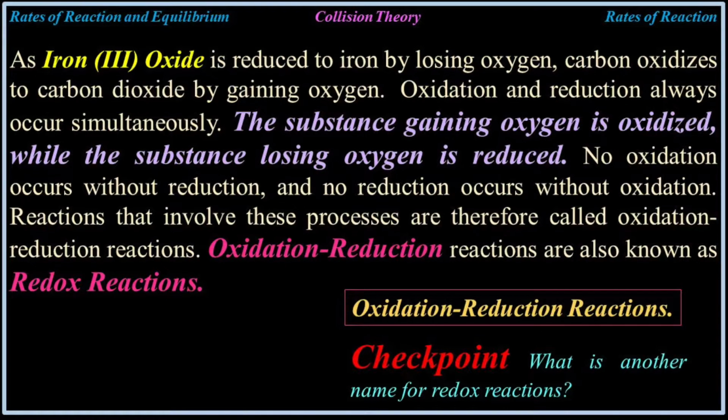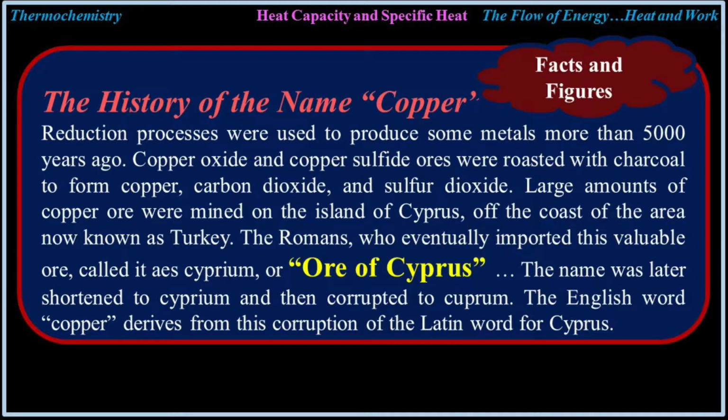Oxidation-reduction reactions. The history of the name copper. Reduction processes were used to produce some metals more than 5,000 years ago. Copper oxide and copper sulfate ores were roasted with charcoal to form copper, carbon dioxide, and sulfur dioxide. Large amounts of copper ore were mined on the island of Cyprus off the coast of the area known as Turkey.